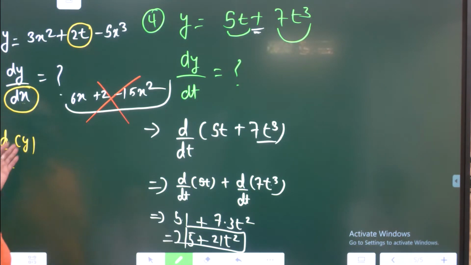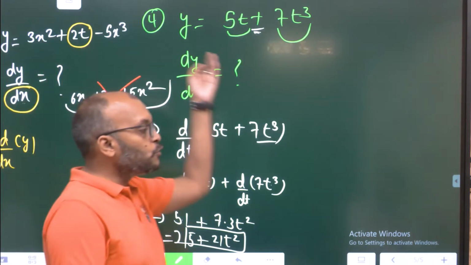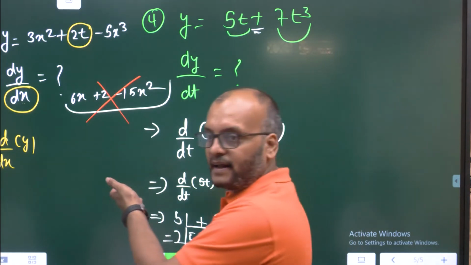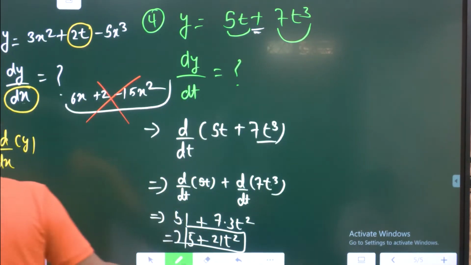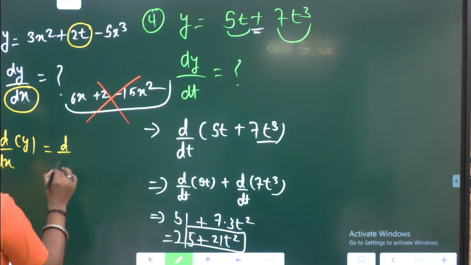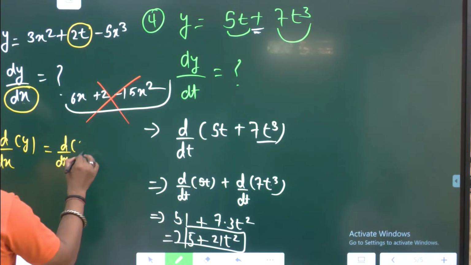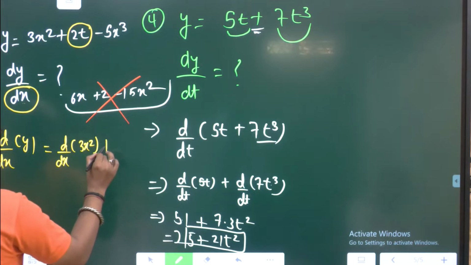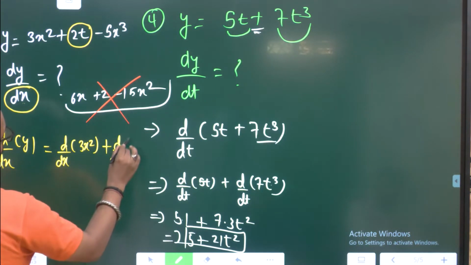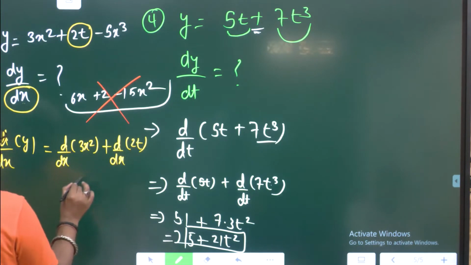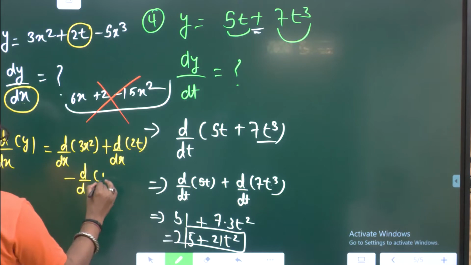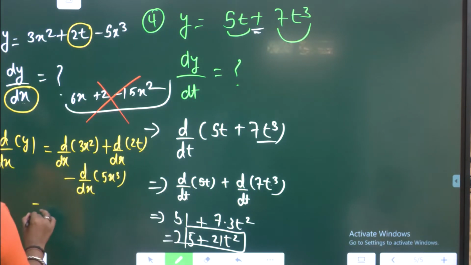We are differentiating with respect to x. 2t is a constant, not dependent on x. So it will be d by dx of 3x square plus d by dx of 2t minus d by dx of 5x cube. Okay?